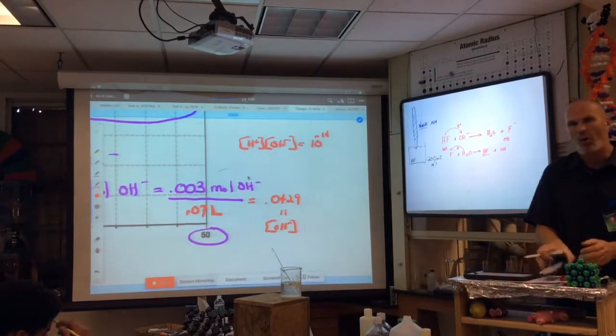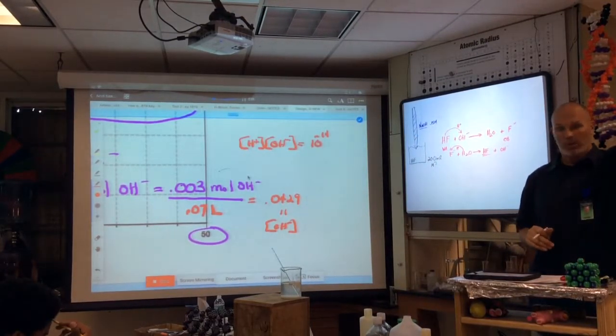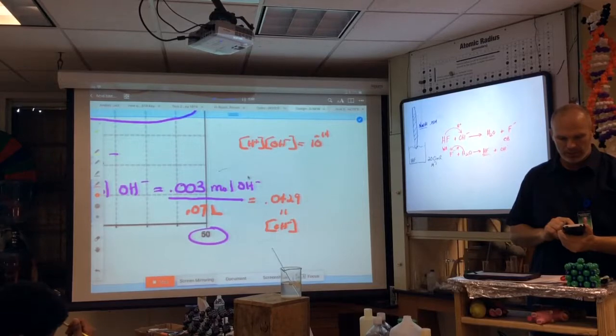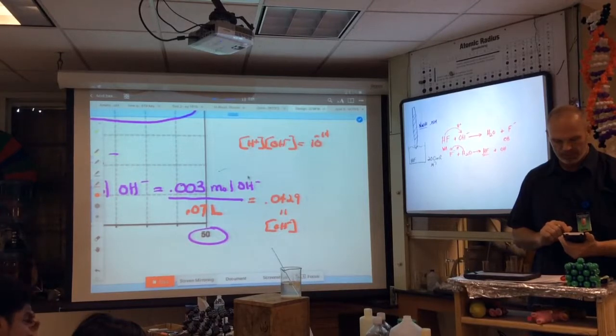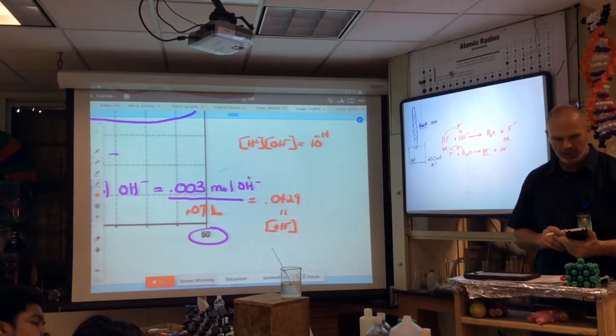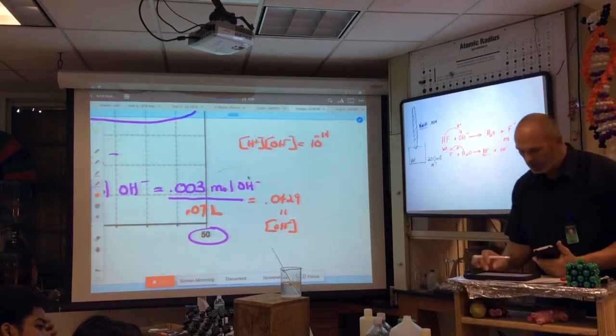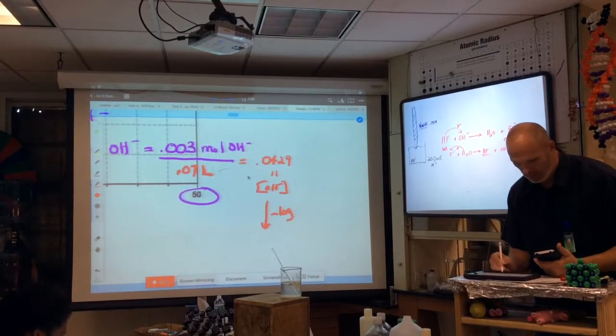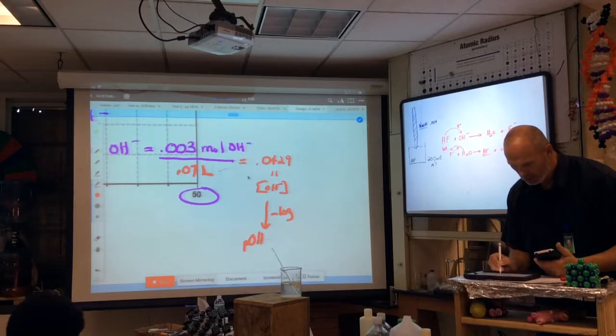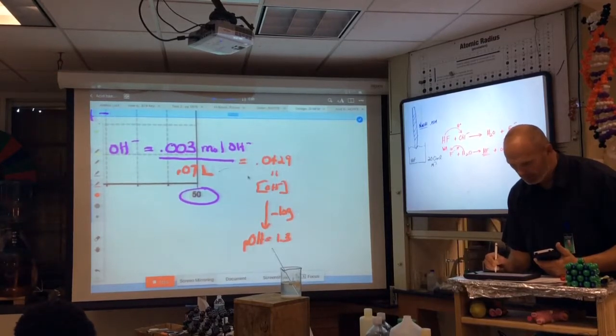I've got the OH. I'm going to find the pOH. So I'm going to do negative log of that, my second answer. Close my parentheses. And I get a pOH to be 1.376.